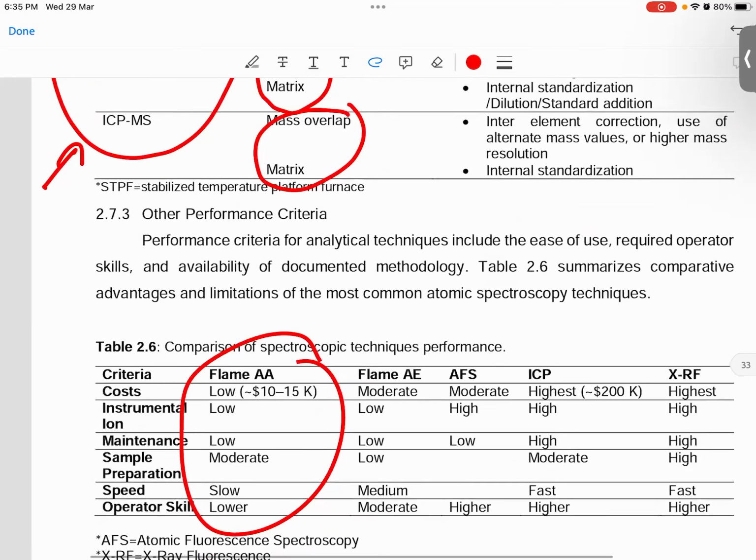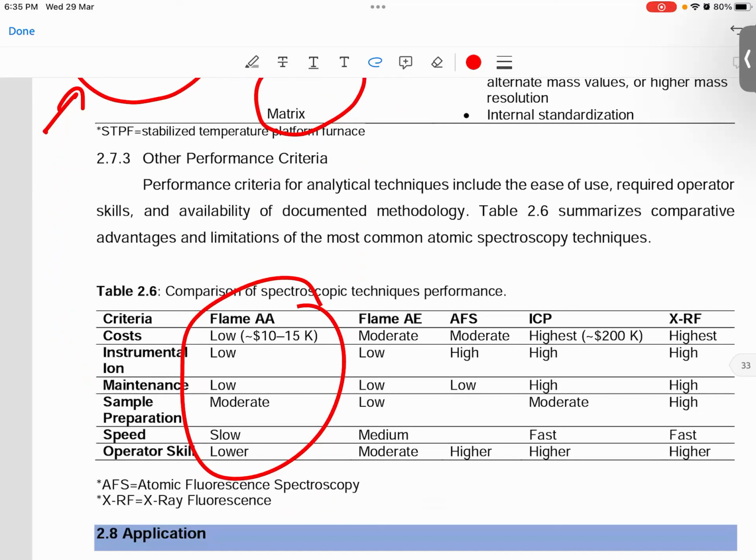So if you look at it in terms of cost, you can see that flame AAS, okay, is the cheapest. Of course, it's the cheapest, but in terms of performance, ICP AES is much better, okay?